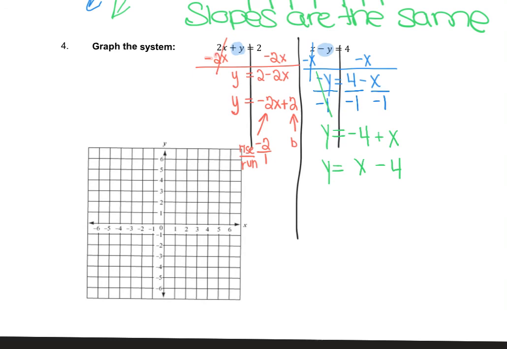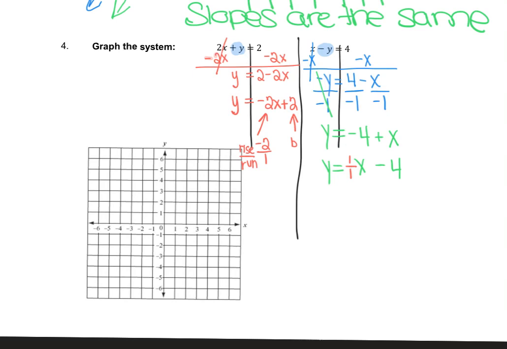Now, I don't like when I just have an x because I have no sense of what my slope is, because I like my slope as a number in front of my x. So I'm going to put a 1 over 1 in front of my x, because not only do I like a number there, but I like a fraction there.